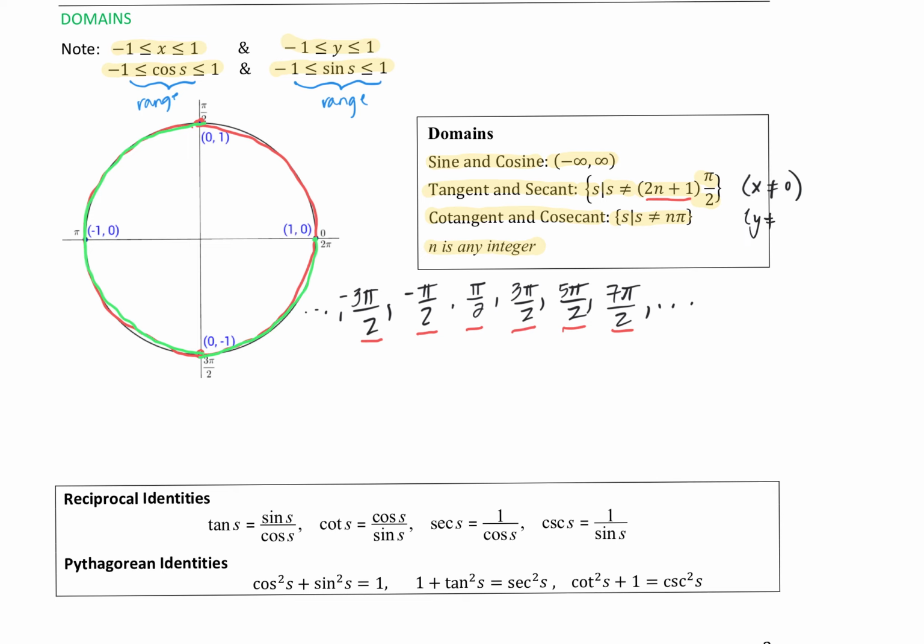So we have to take out any values, any arc length that corresponds to a y value of 0. Going back to our unit circle, looking at where y values are equal to 0, that would be here at our initial point 1, 0, and at negative 1, 0.